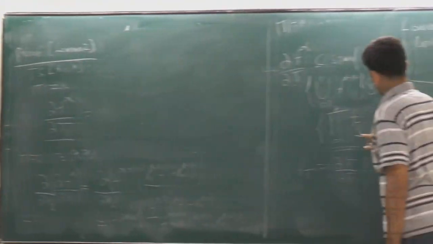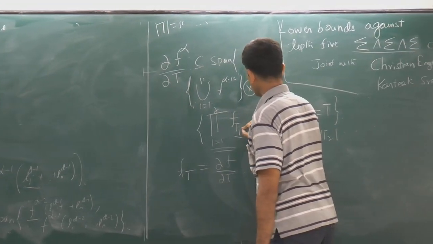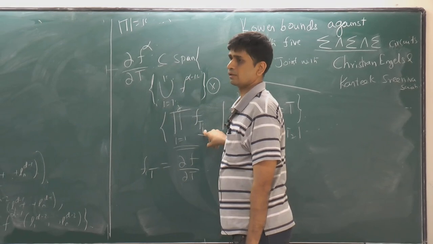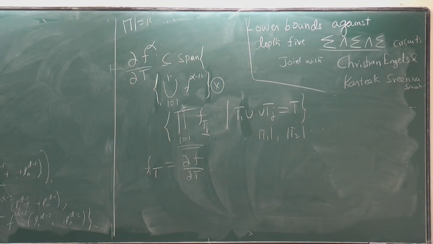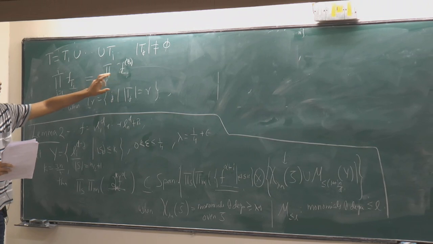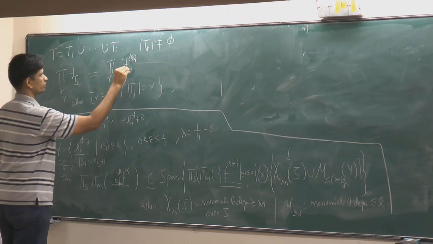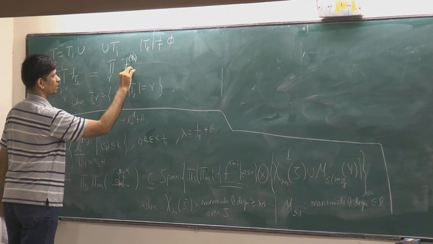So the cardinality of ti is at most 1 to k, right? I'll split this product with respect to the cardinality of the sets in the variable ti. So this could be for some representative.